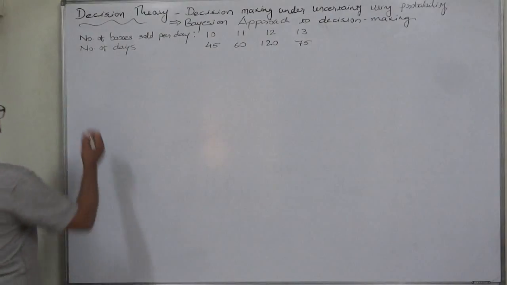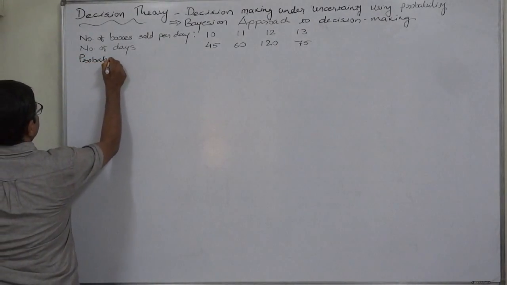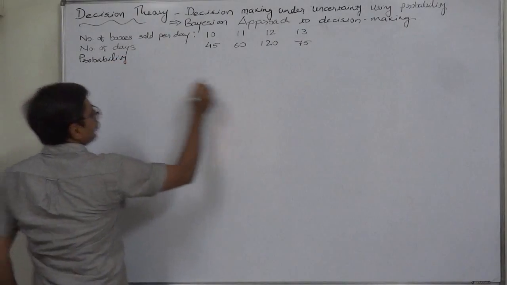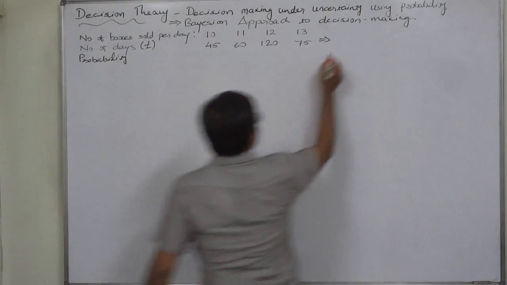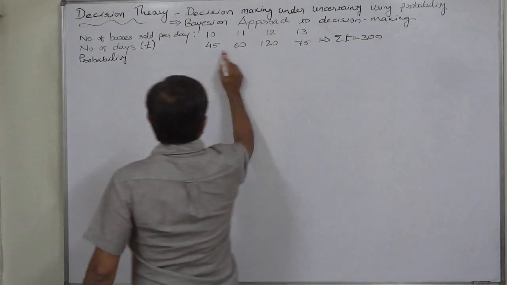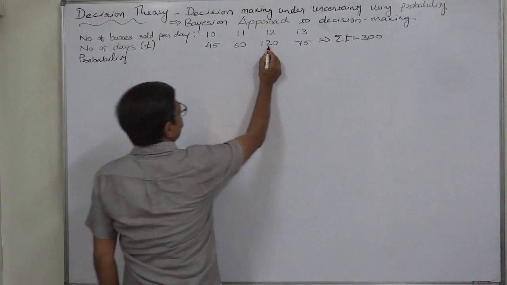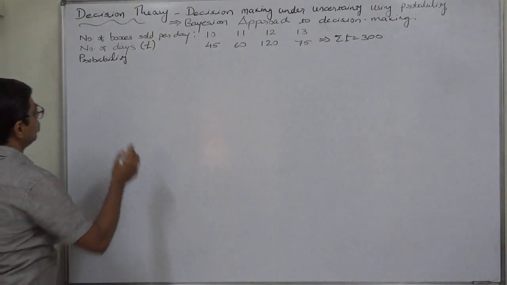So we can have probability. If this is treated as frequency, sigma f comes to 300: 45 plus 60 is 105, plus 120 is 225, plus 75 is 300.